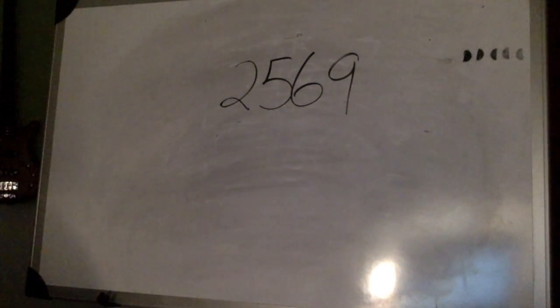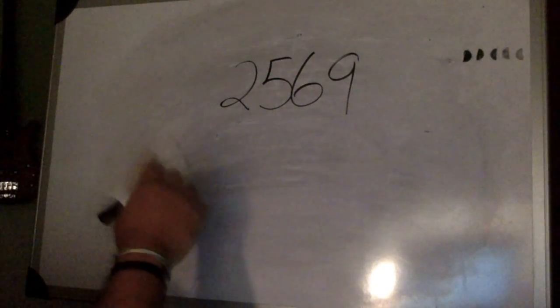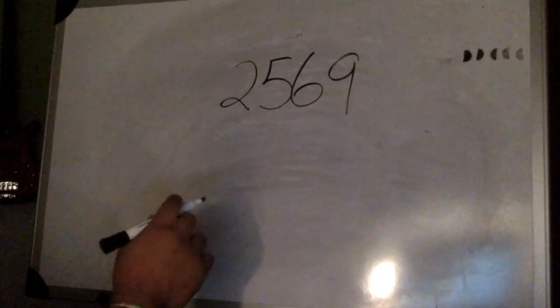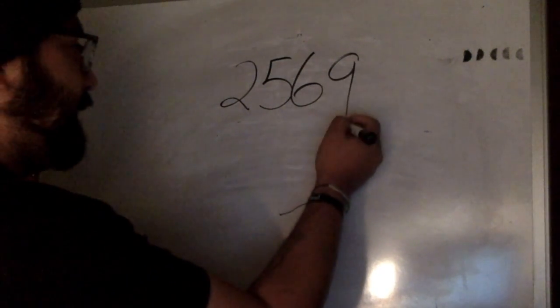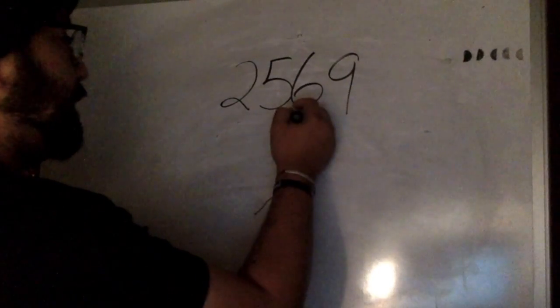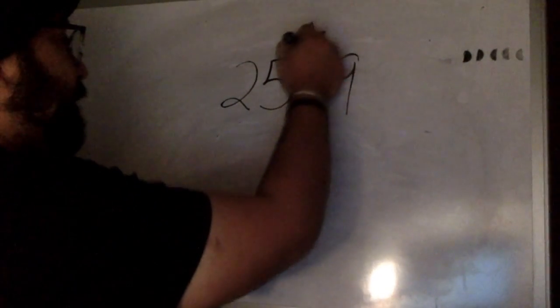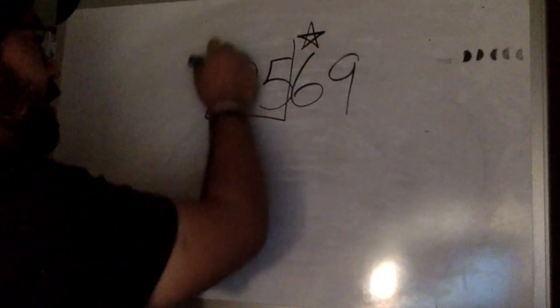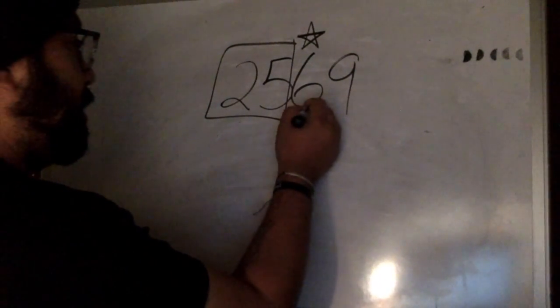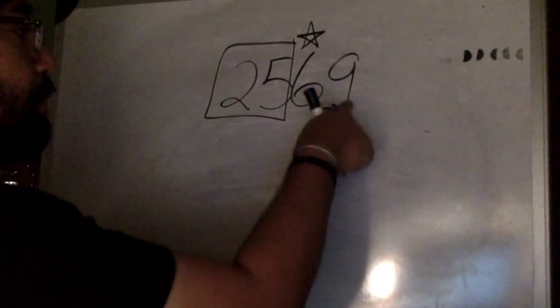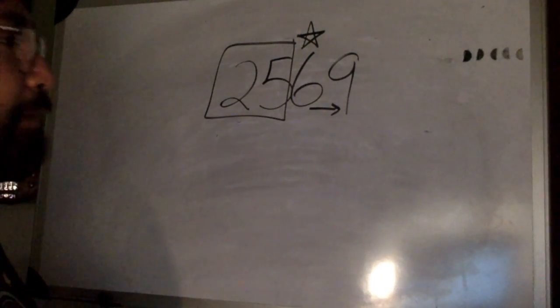Okay, welcome back. Again, we said 2,569 to the nearest 10. Find the 10. Ones and tens. Give Cinderella a crown. We found her. And the royal family, you cannot touch them. Look next door. 4 and below or 5 and above? 5 and above.